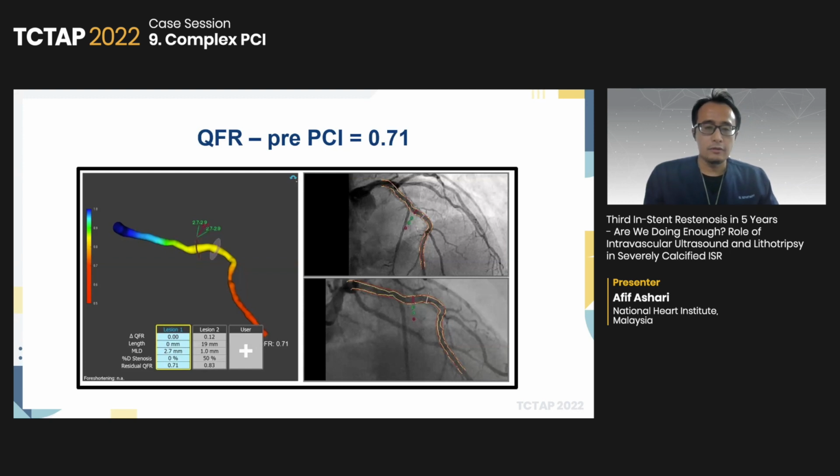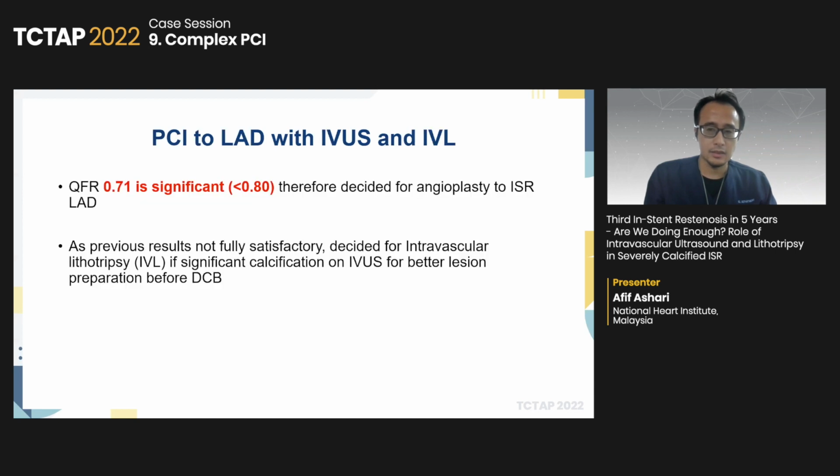Before we proceeded, we did a QFR and confirmed the significance, which showed 0.71, and we decided we had to angioplasty this lesion. As the previous result wasn't fully satisfactory, we definitely could not stop at just using scoring and NC balloons, so we decided to opt for intravascular lithotripsy for better lesion preparation before we DCB the lesion.